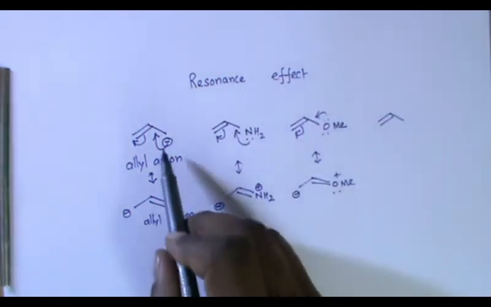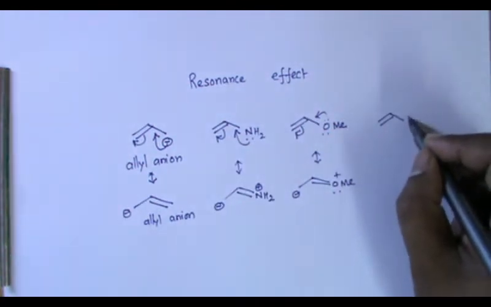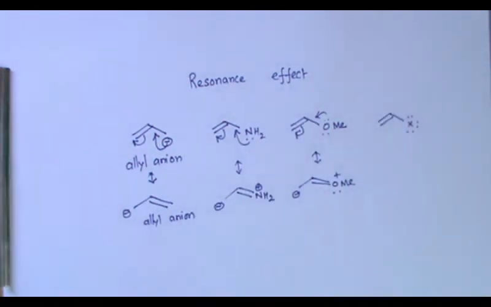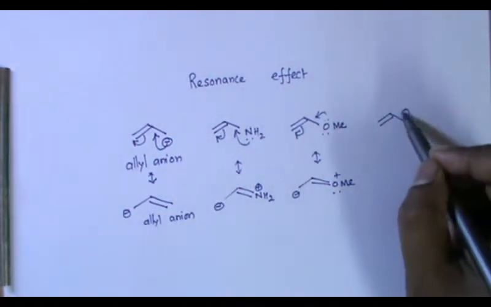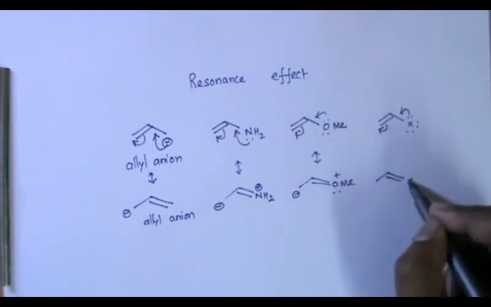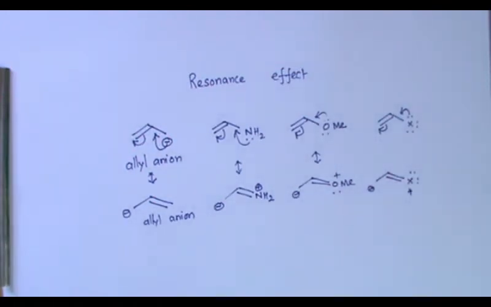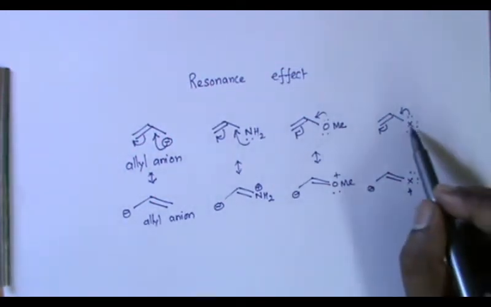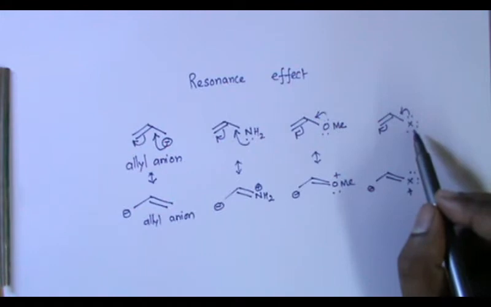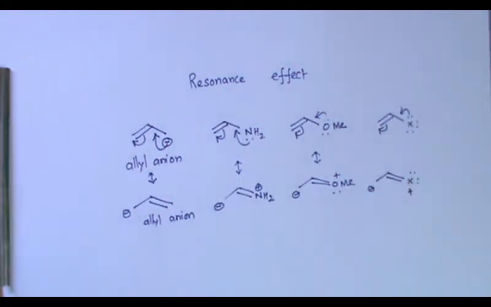Next, carbon, nitrogen, oxygen. The next one, say halogen, which has three lone pairs of electrons. In this case also, there is a possibility. But since halogens are highly electronegative, they will not give the lone pair of electrons readily.